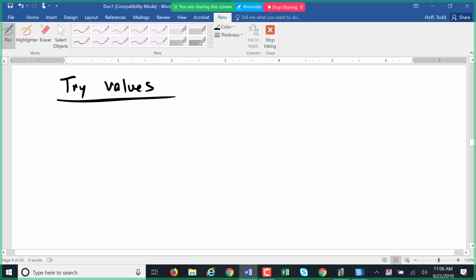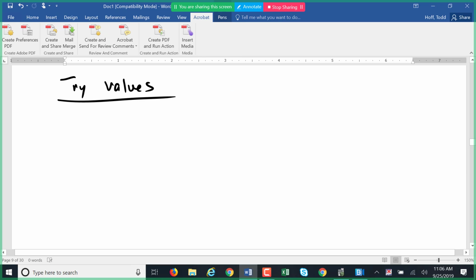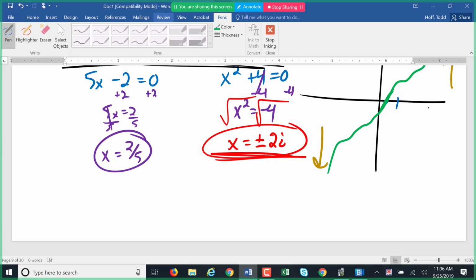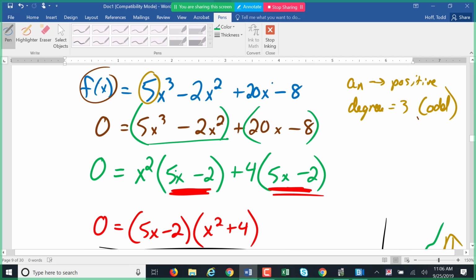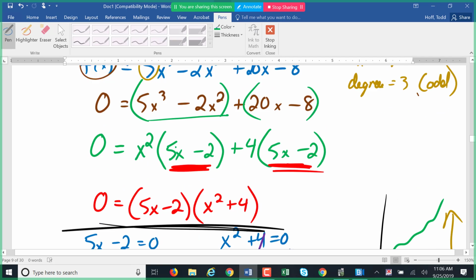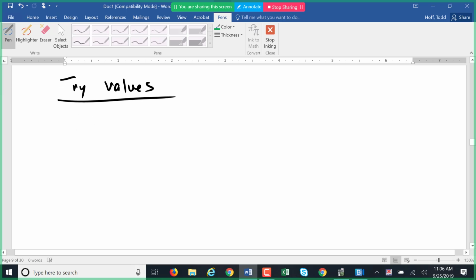If we try values for x in that function, let me get that function again so I remember what it was. 5, -2, 20, and -8.